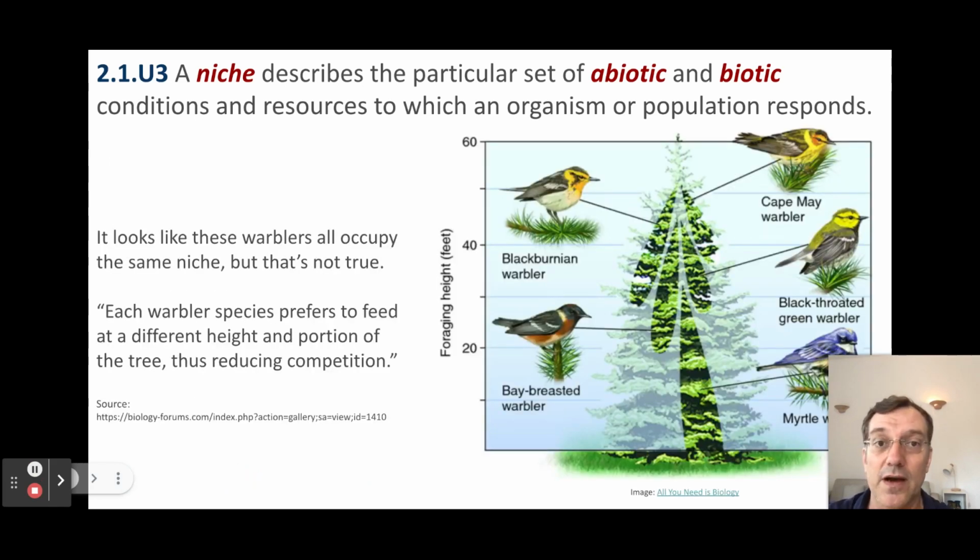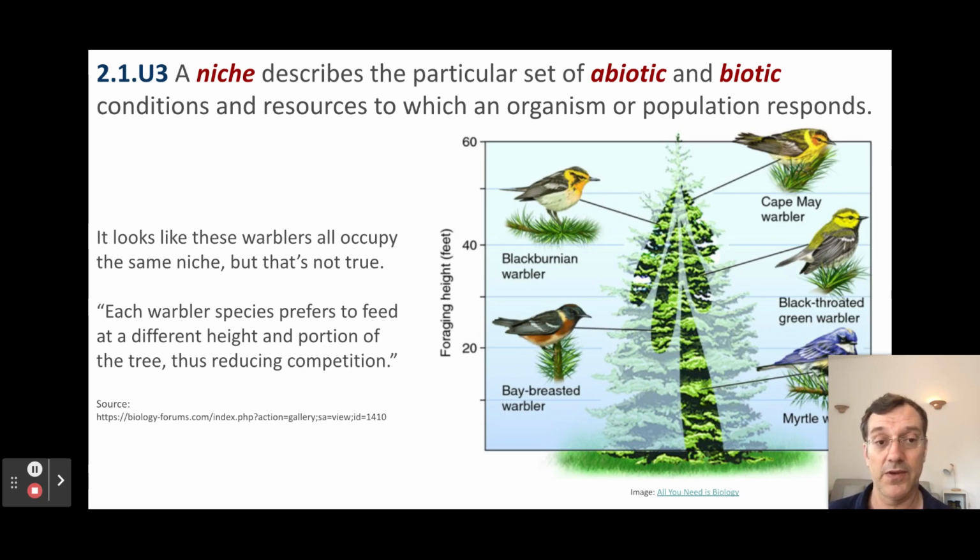All right. A niche describes the particular set of living and non-living conditions and resources to which an organism or a population of organisms responds. In this image, we've got 5 different species of warblers. Right? And even though they may all live physically in the same tree, they actually have different ecological niches. And those niches are defined by their food sources.